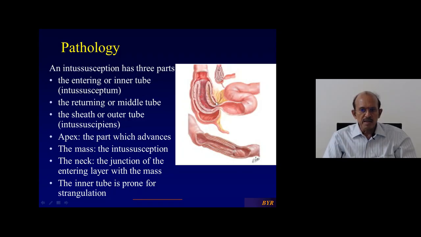This is the neck of the sac, so the neck of the intussusception. Through this neck only, the vessels for this segment also will go. That means the mesentery also will go along with this. That is why when the neck becomes very narrow, the bowels which are there inside get ischemic.